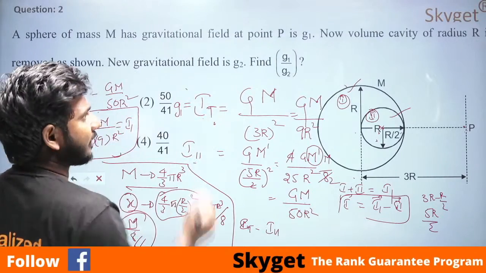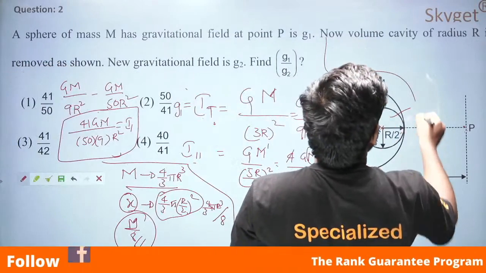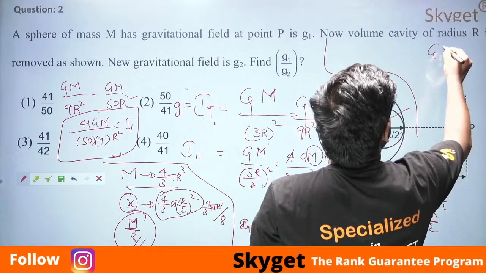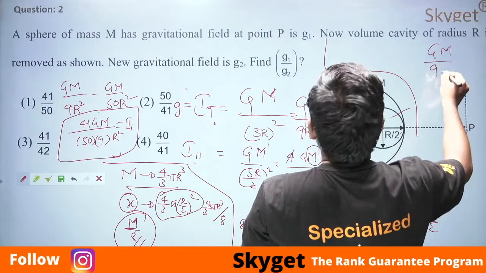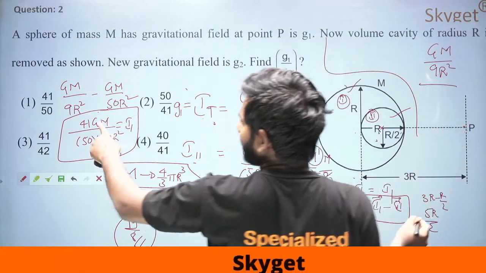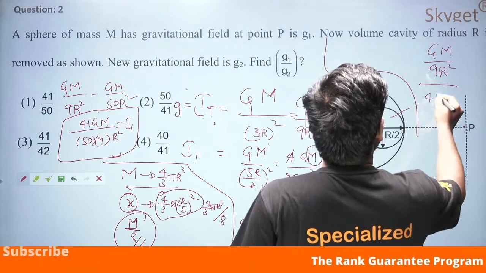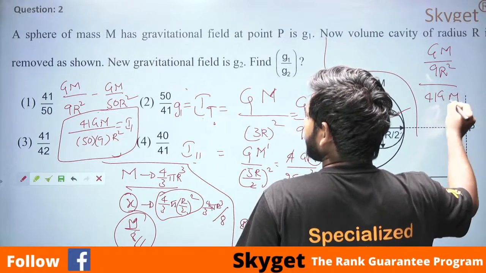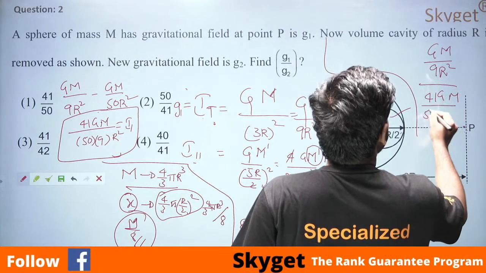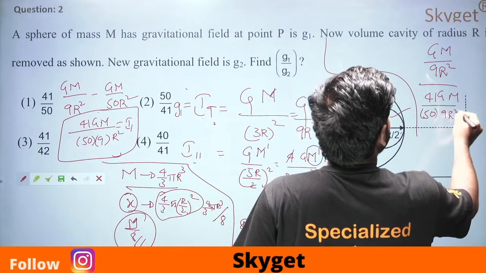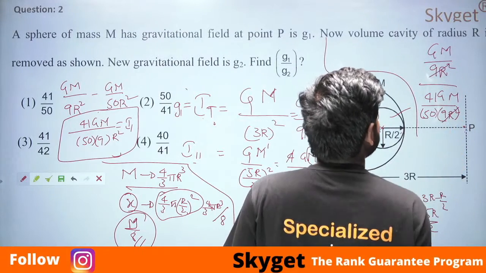So now what I need to do? I total by I1. I will do it here, students. I total is G m by 9r square, by the remaining part, which will be 41 G m by 50 into 9r square. 9r square gets cancelled, students.